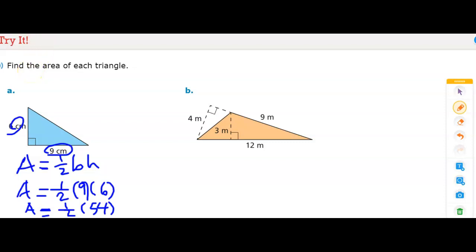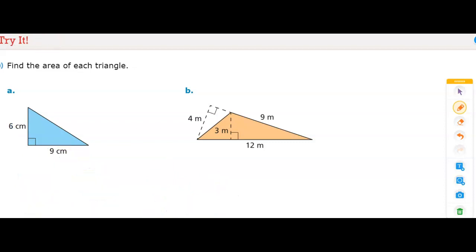I'm just going to write it on the side. 54 divided by 2 is equal to 27. So the area of this A triangle is 27 centimeters. Let me write that a little better. Centimeters squared. You have to always make sure when you're dealing with area you put that exponent of 2 there.